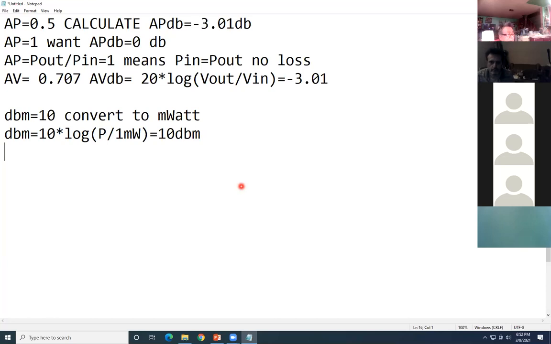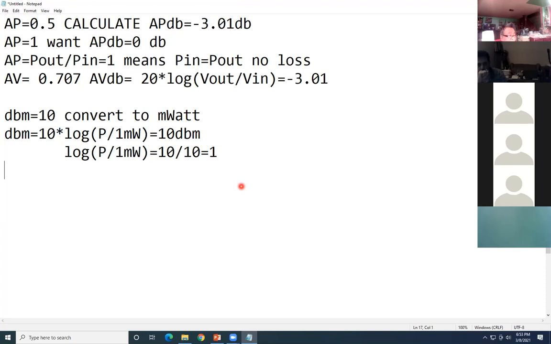I want log of P over 1 milliwatt, and that will be equal to 10 divided by 10, which equals 1.